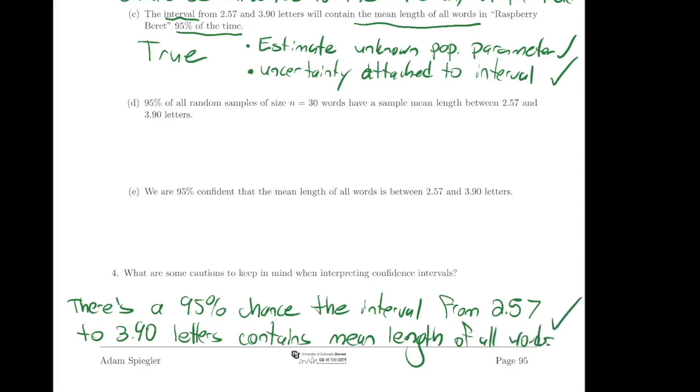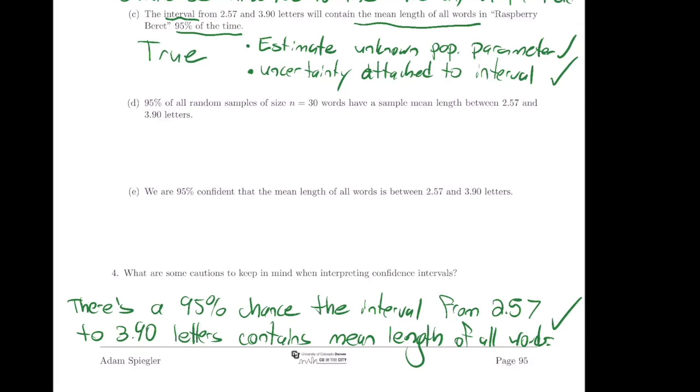Okay, so that's, I think, traditionally how we were doing it earlier in the semester, and that's fine too. Again, this is saying correctly, we're trying to approximate the population parameter. We're also correctly attaching this uncertainty to the estimate. So the only difference between C and what I wrote on the bottom is that this one says that right away. The other one puts that at the end of the sentence. So it's just the sentence structure, not the meaning of what we're saying, that is different. The meaning is the same in both of those.